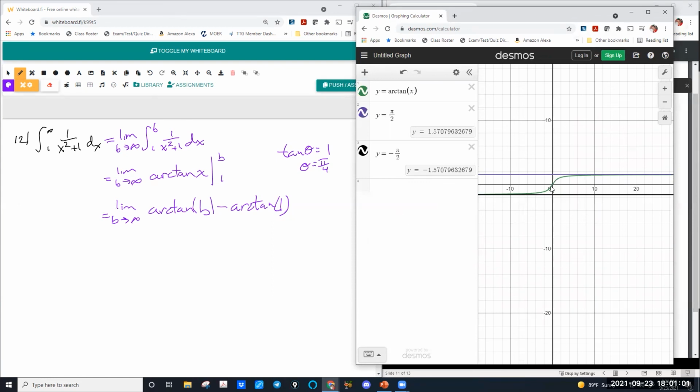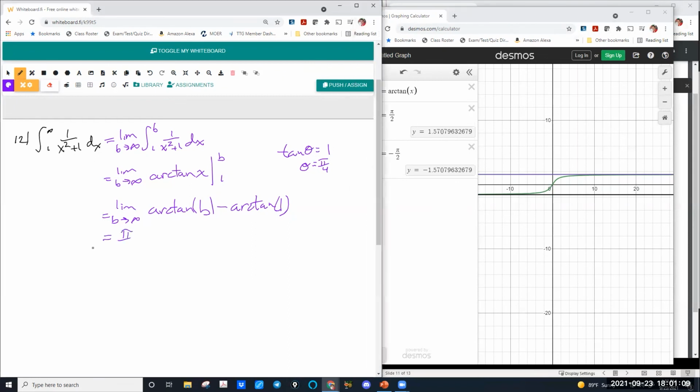All right, so what we see is as we go to infinity, arctan goes to pi over 2. So we get pi over 2 minus pi over 4. Finding a common denominator, that's 2 pi over 4 minus pi over 4, which is pi over 4.